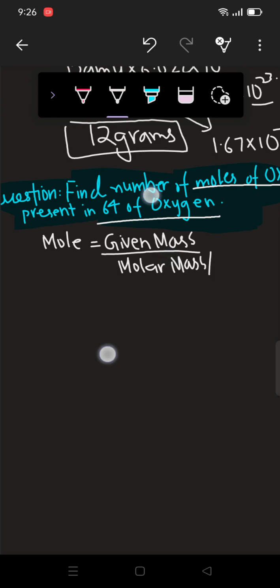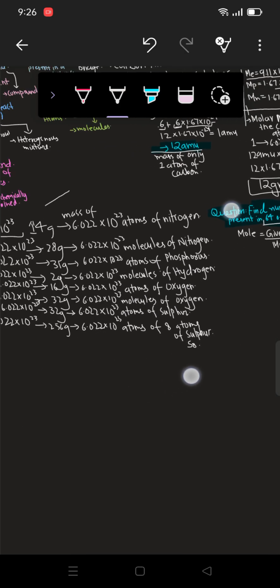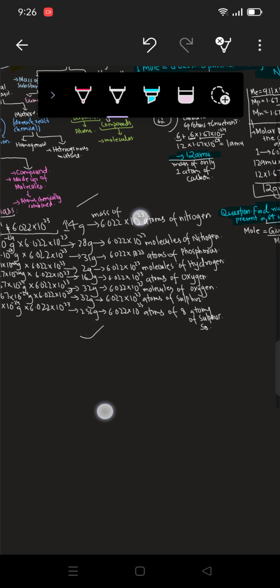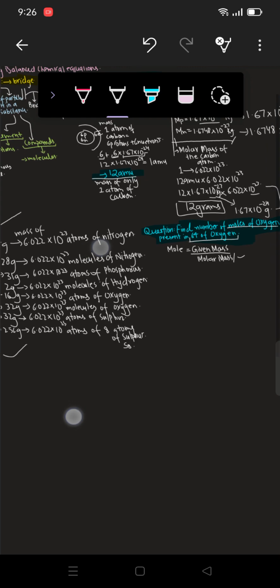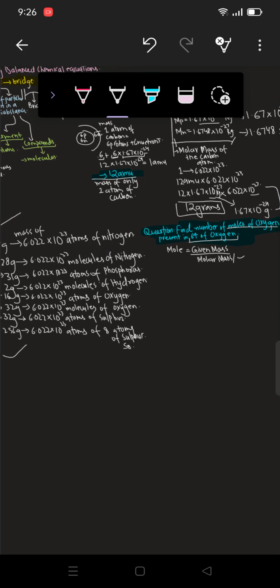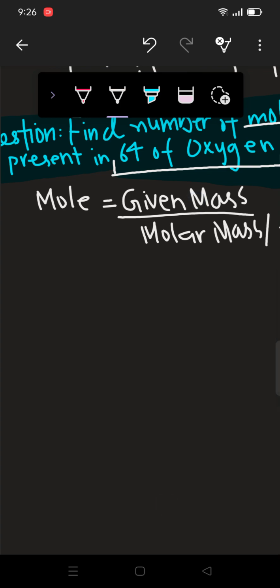Given mass will always be given in your question. And molar mass, I have already made you understand how to find. We have just found the molar mass of all these, and now you have a clear idea how we're going to find the molar mass of any element or compound. So now we need to find the number of moles.